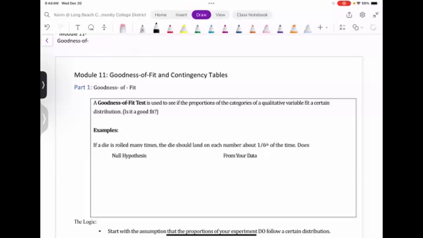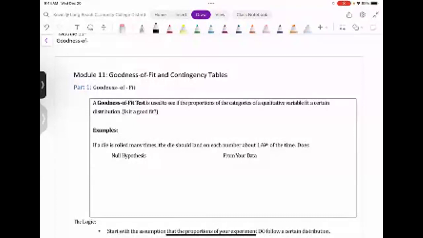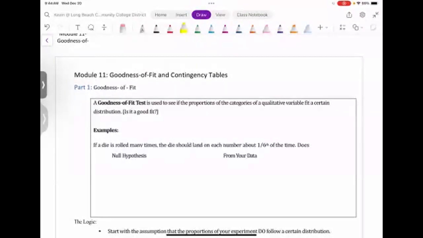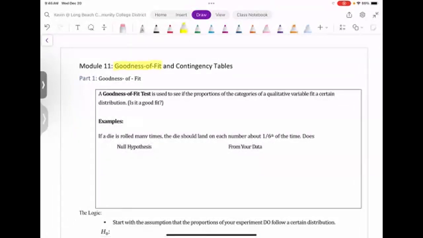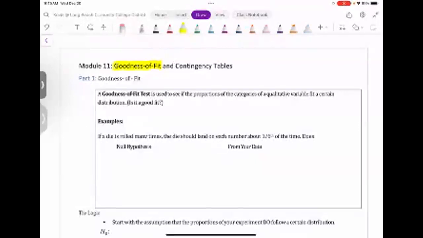We're going to do chapter 11, and we're going to focus on a goodness of fit for this video. A goodness of fit test is used to see if proportions of the categories of the qualitative variable fit a certain distribution.